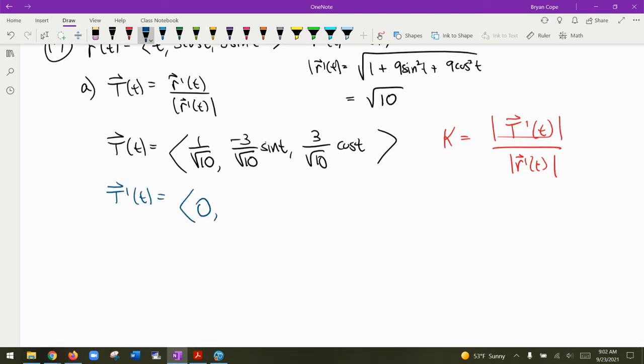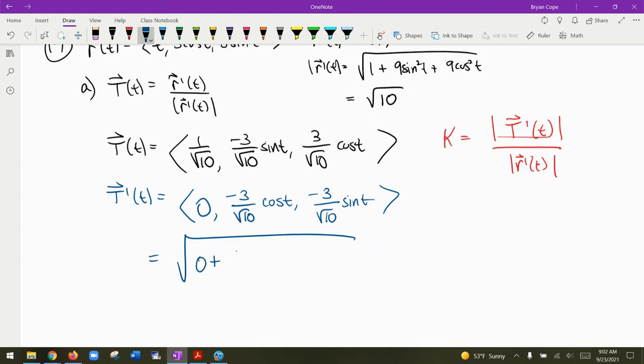That's 0, negative 3 over root 10 cosine t, and negative 3 over root 10 sine t. So the magnitude would be 0 plus 3/10 cosine squared t plus 3/10 sine squared t.